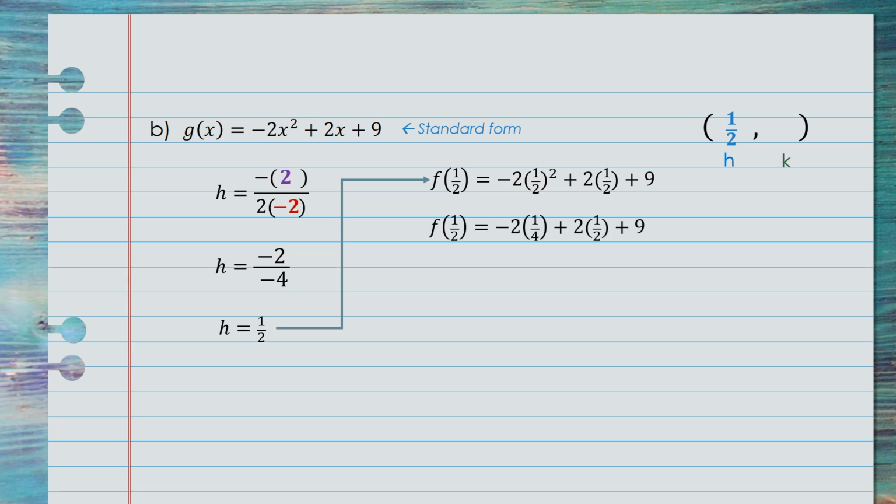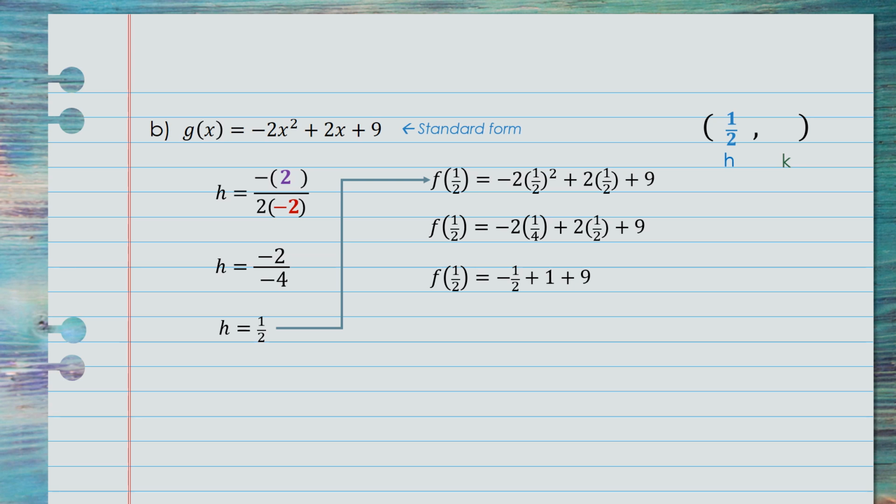From here, we do multiplication and division. Negative 2 times 1/4, well, negative 2 is the same thing as negative 2 over 1. We multiply top times top, bottom times bottom, and then if possible, we reduce. So for our first term, that reduces to negative 1/2.